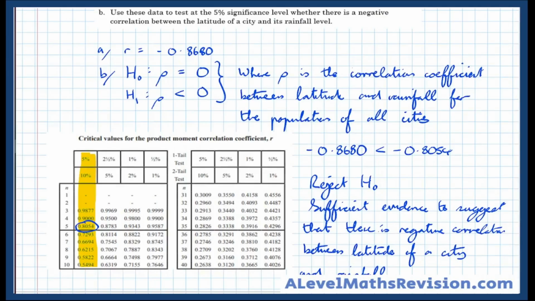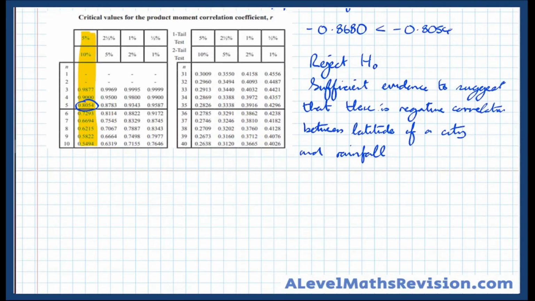So the key point is these become negative values, and if it's less than a negative value, it means it's closer to -1. That's more evidence to suggest it's correlated. So this was less than the critical value, exhibited more correlation, so we can say yes, there is a correlation, reject H0. And in this case, it's a negative correlation we're testing for.